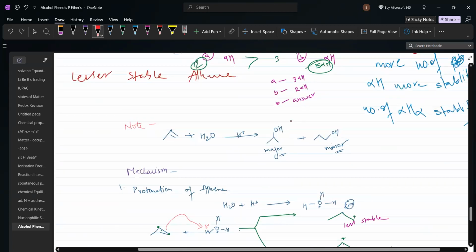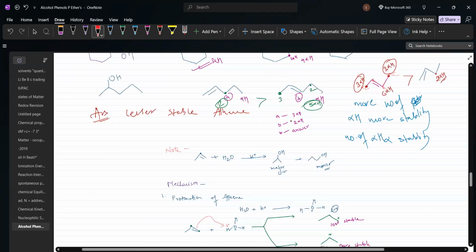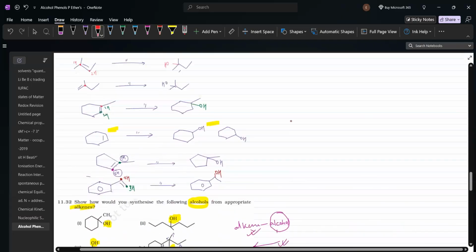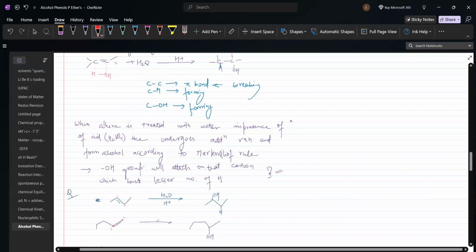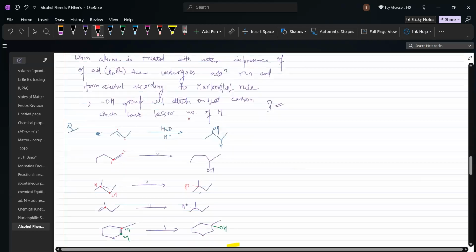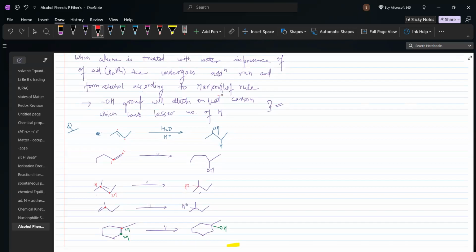In the first one, from the alkene we are making alcohol, right? So the reagent was acidic medium, and we were following Markovnikov's rule. Markovnikov's rule says that OH will attach at the place where hydrogen is lesser.